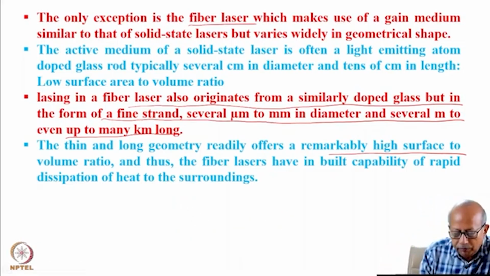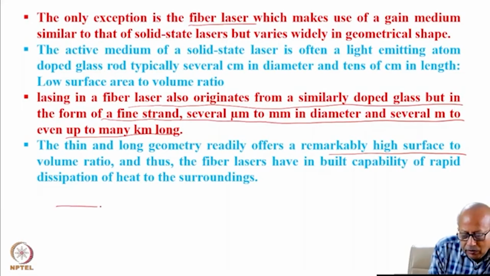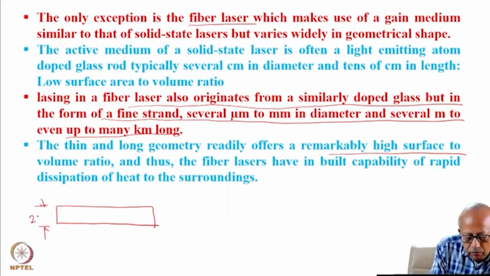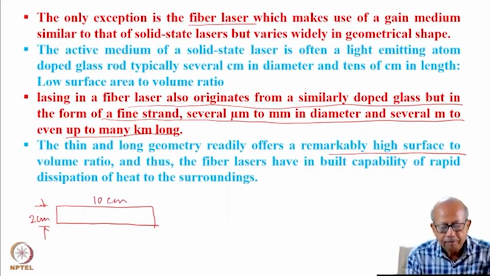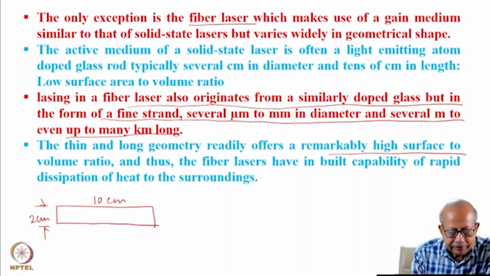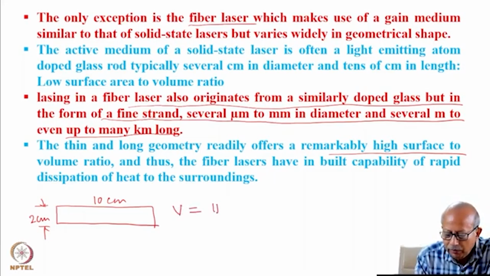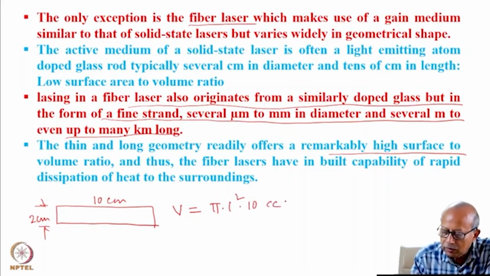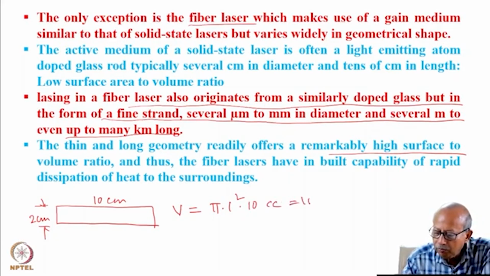a typical example. For example, let us consider a typical solid state laser, say of diameter 2 centimeter and length say 10 centimeter, very typical. So its volume is pi into 1 centimeter square into length is 10 centimeter. So equal to 10 pi cc.